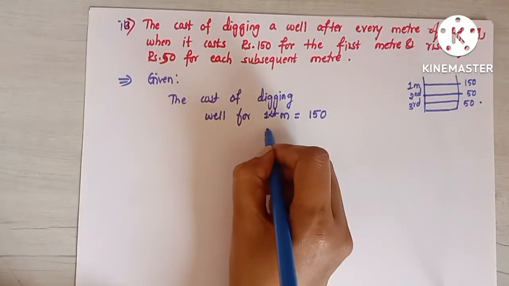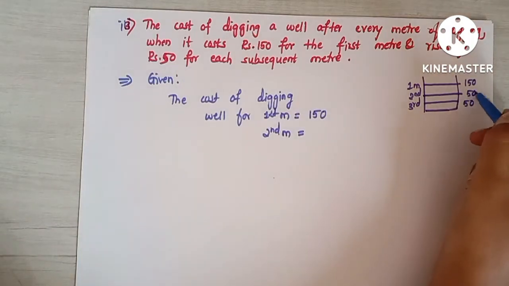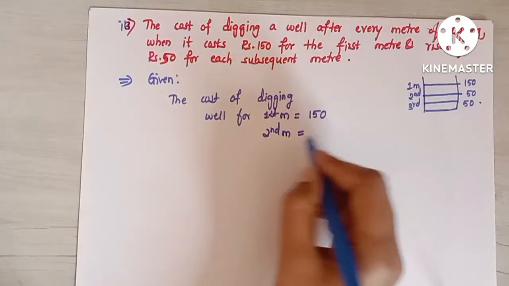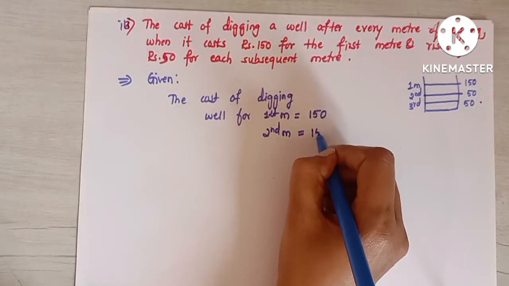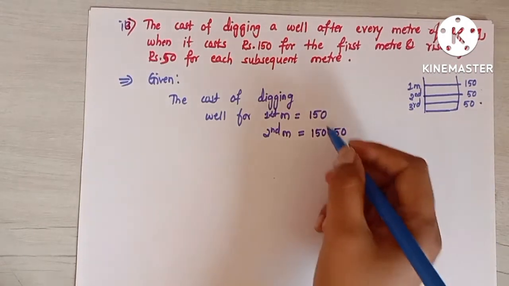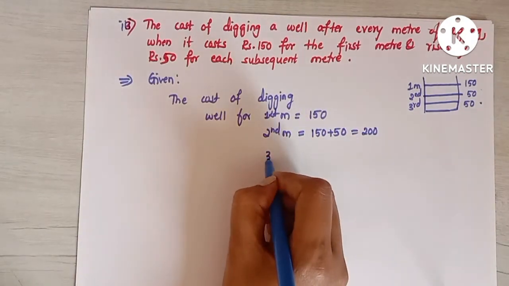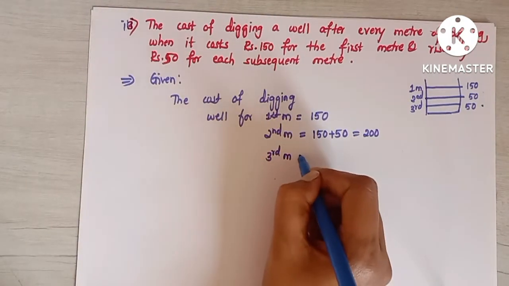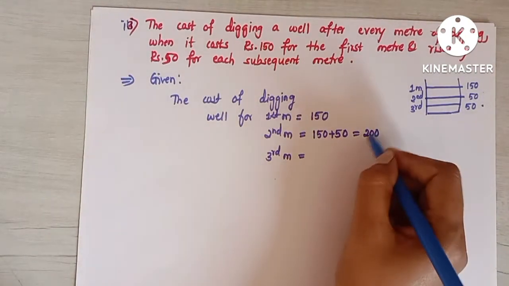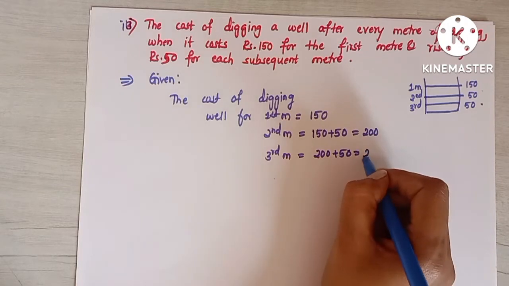And for the second meter, it rises by how much amount? Rupees 50. So for the second meter it will be 150 plus 50 because it rises. Therefore, we have to add. So this will be 200. For the third meter, the cost rises again by 50 rupees. That is 200 plus 50, which is 250.